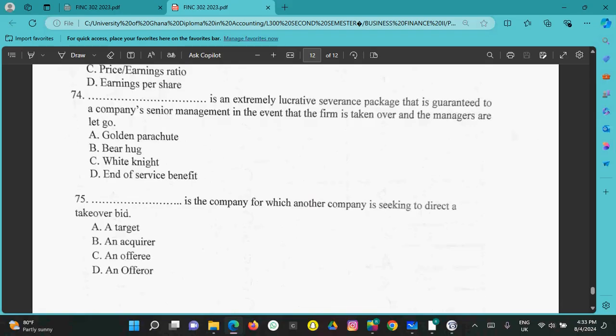Dash is an extremely lucrative severance package that is guaranteed to a company's senior management in the event that the firm is taken over and managers are let go. This is the golden parachute. 74.